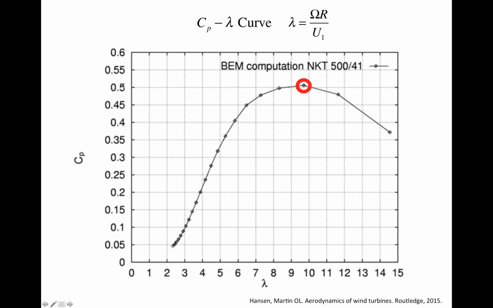In the power curve computed by the BEM theory, the vertical axis is the power. But here it's not the power, it's the power coefficient. It's the ratio between the turbine generated power and the power in the free stream wind. So for this particular example, we can see that the peak power efficiency is about 0.5 or 50%, and it is reached at a tip speed ratio between 9 and 10, 9.7 or something. Right?